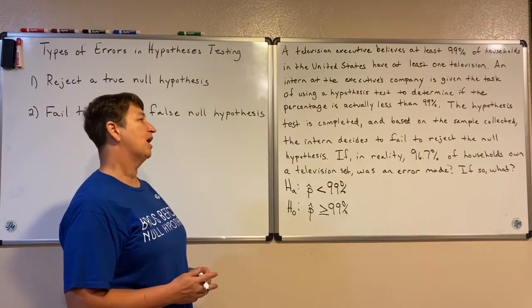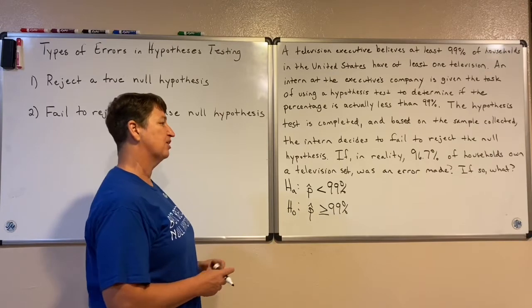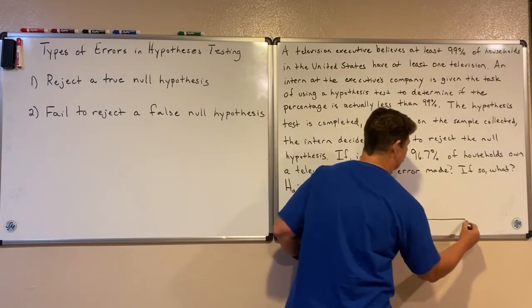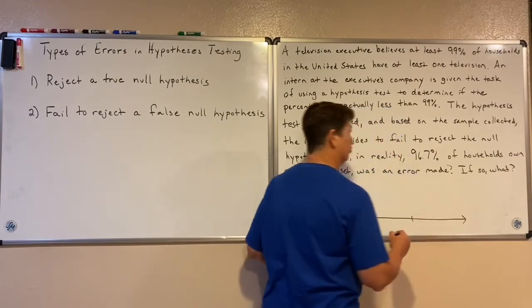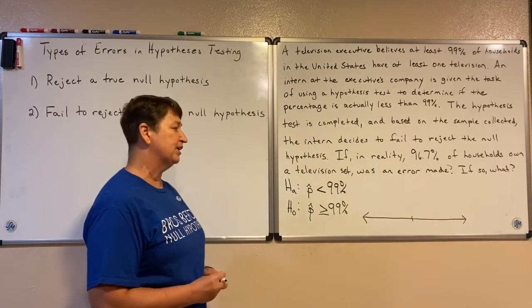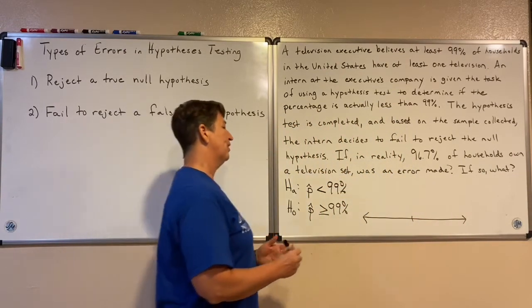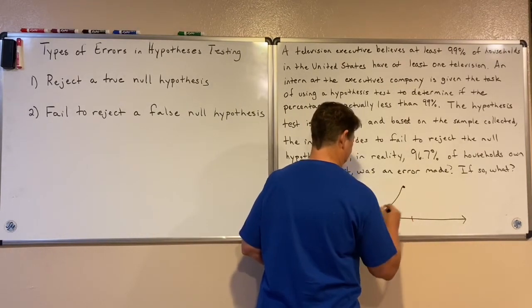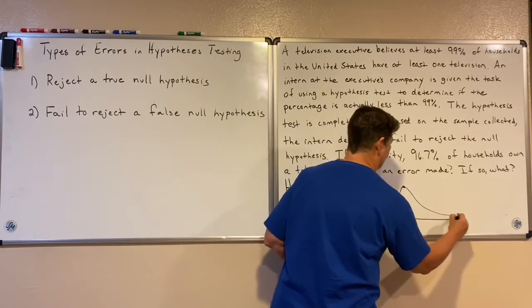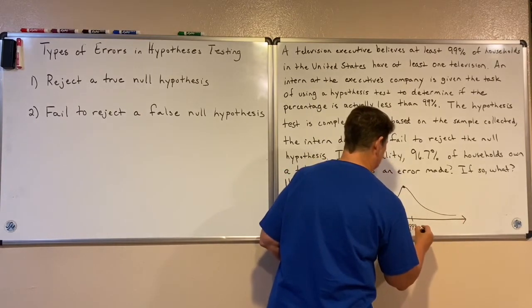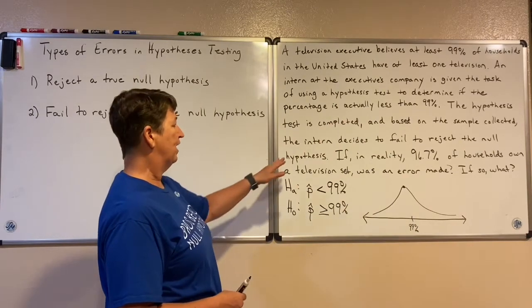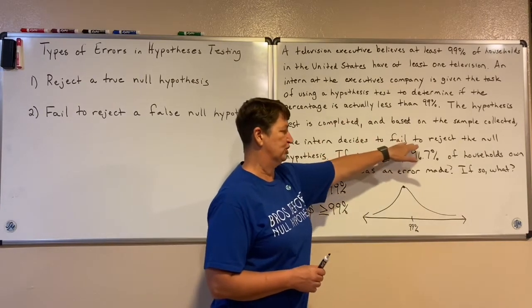Then it says the hypothesis test is completed and based on the sample. So again, proportions are like means in that if we have a sample that's greater than 30 and it's a simple random sample, then we have this normal distribution that we're dealing with. And so then they collect a sample and they decide to fail to reject the null.